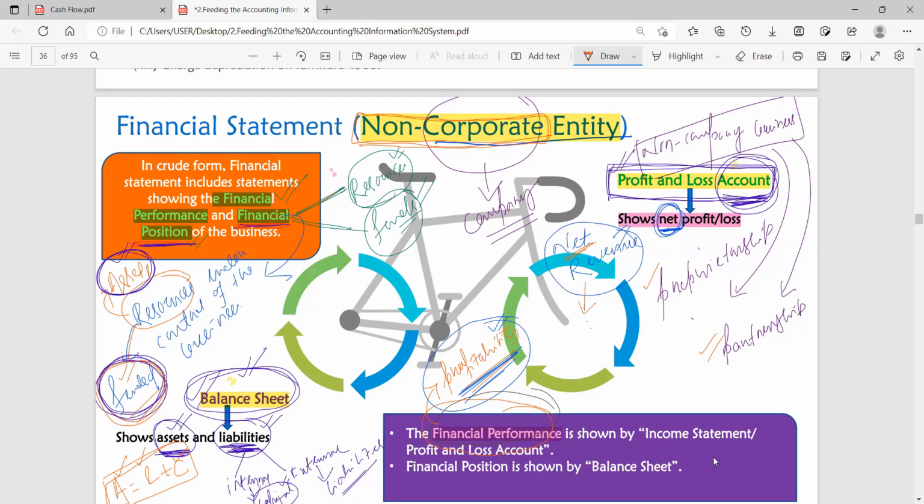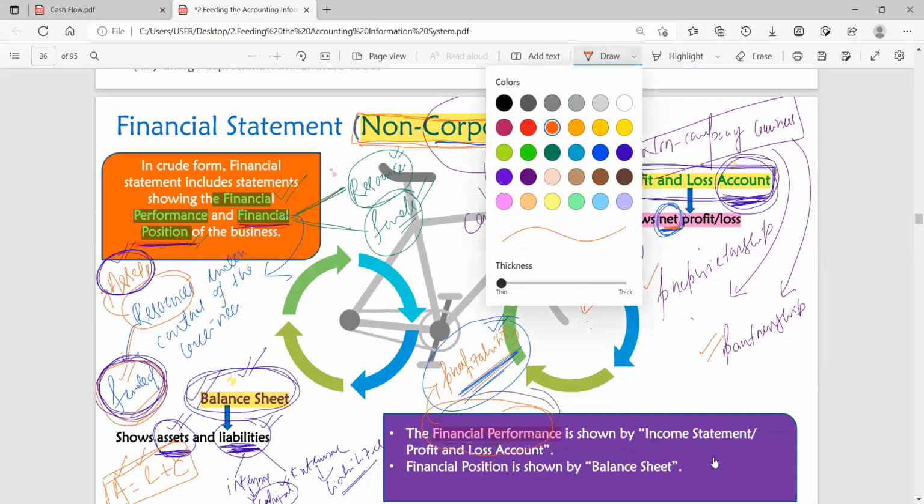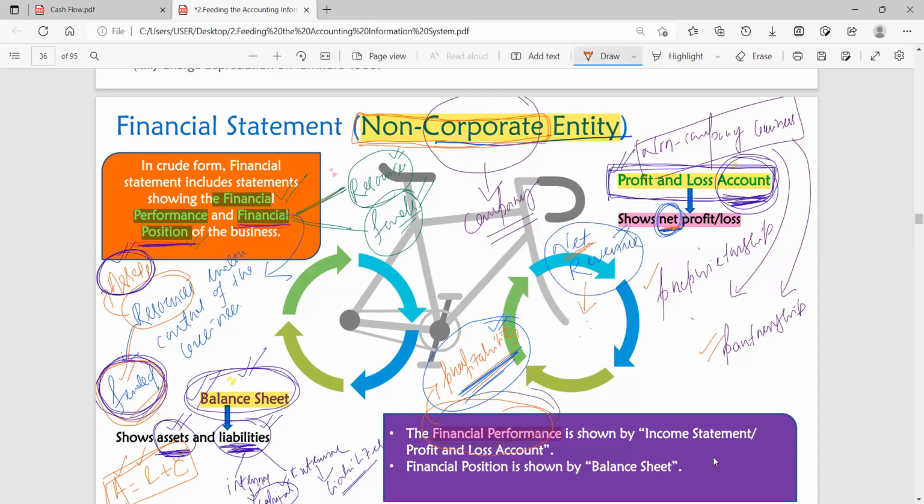This net revenue is technically called net profit or loss. So the formula is now simple for us: revenue minus expenses on these revenues.